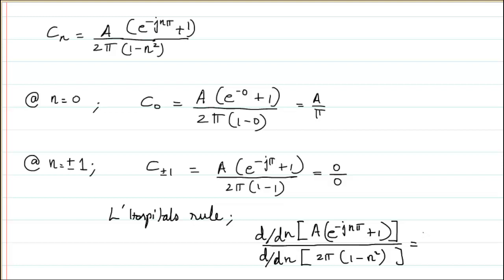I will get e raised to power minus j n pi into minus j pi divided by... sorry, I forgot to write a here.